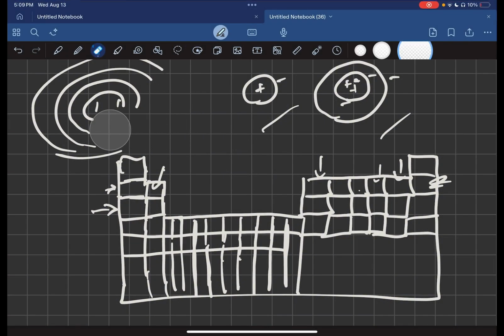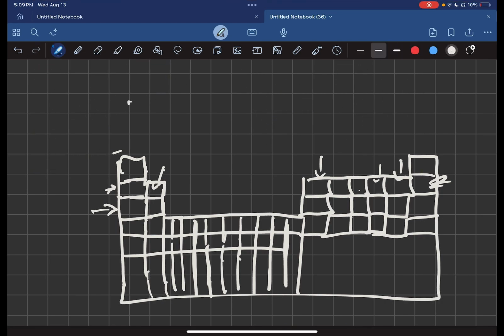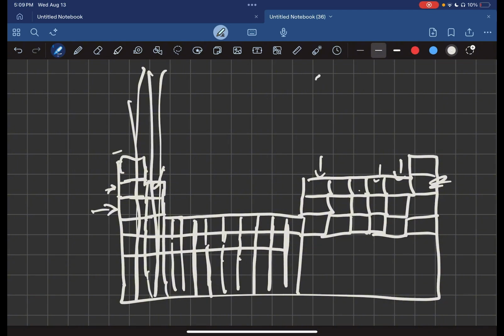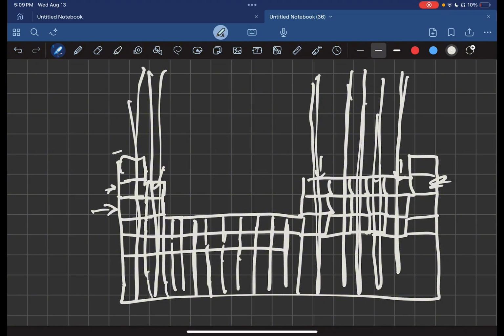And that is what the periodic table is doing. All of these columns you see refer to atoms, or elements rather, with the same number of valence electrons. So if you see them in this column, they have the same number of valence electrons. And that can tell you a lot about how it's going to interact with things.